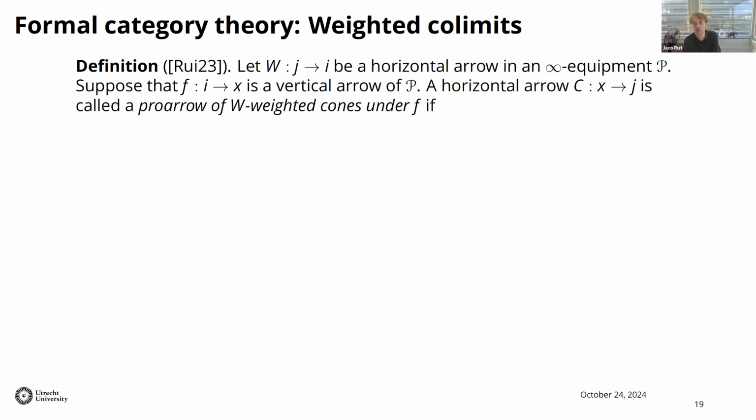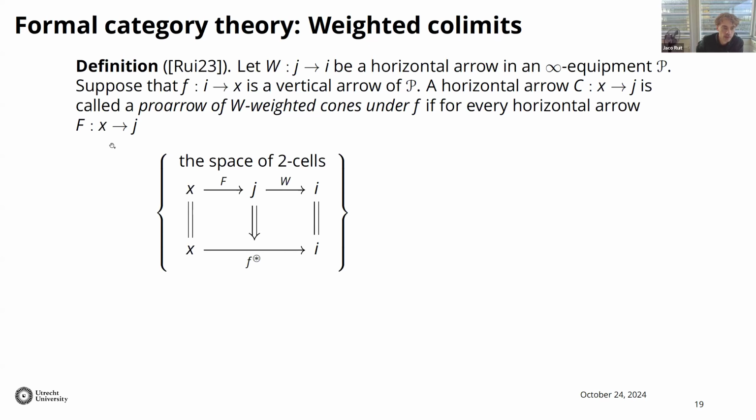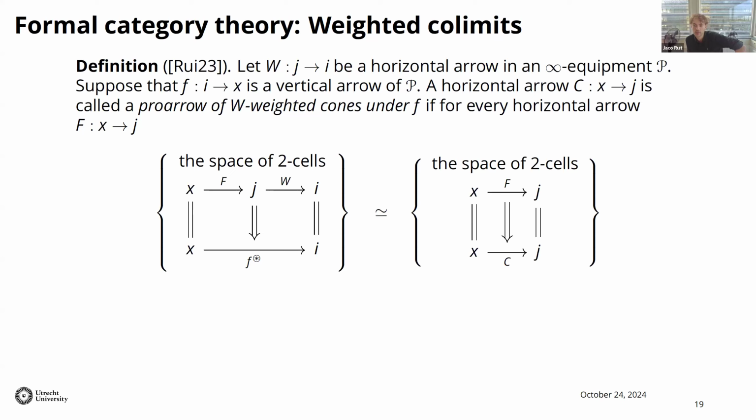This pro-arrow of W weighted cones, we will denote by C, and it goes from X to J. To define this, you ask for every horizontal arrow F from X to J, that if you look at the following space of two cells, where you compose with W in the target, and these two cells go to F upper star, which is the conjoint of F, then you require that this space of two cells is equivalent to the space of horizontal two cells from F to C.